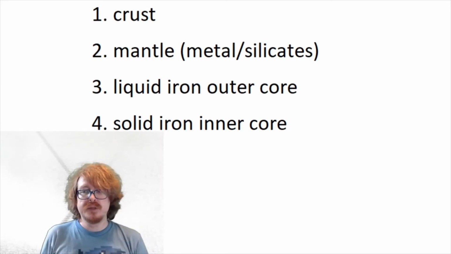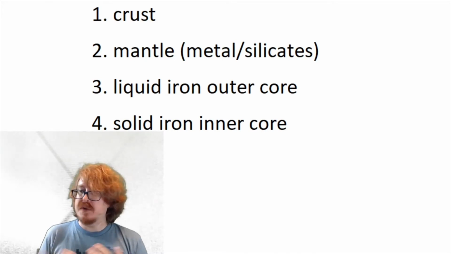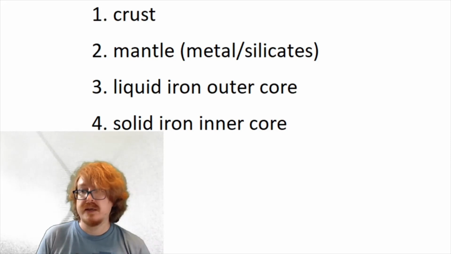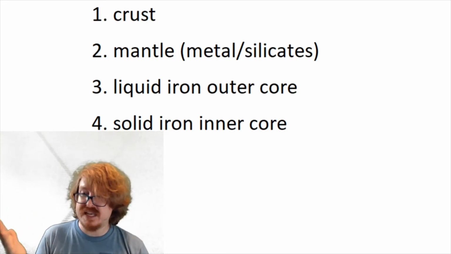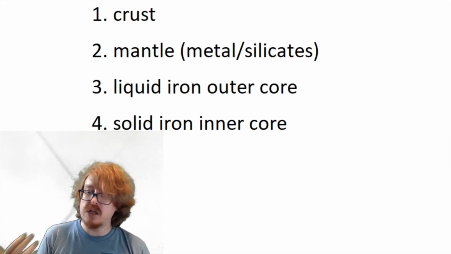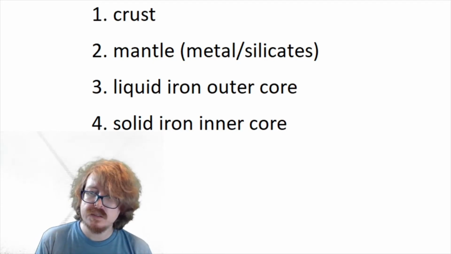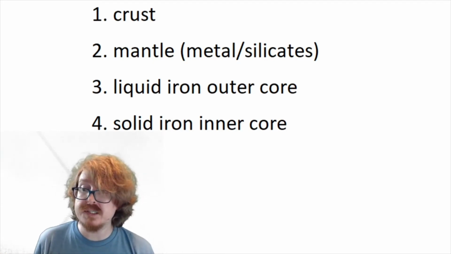Here's my question. Do we have any silicates up here on the crust? Yes. Like I said, granite, sand, all of that stuff, that's made of silicates. Okay, so when you think of silicates, you're thinking regular types of rocks. Do we have any iron up here on the crust?